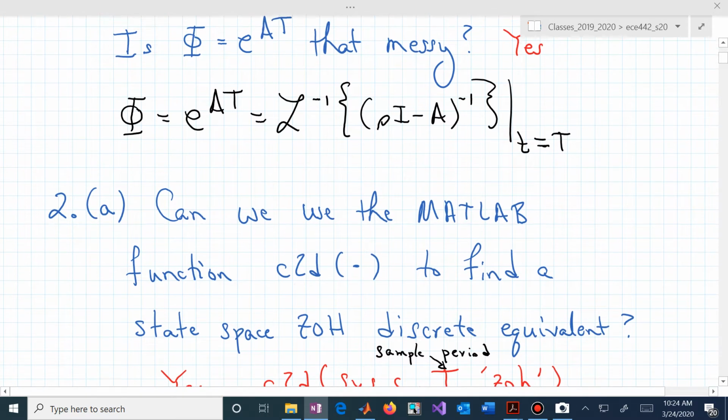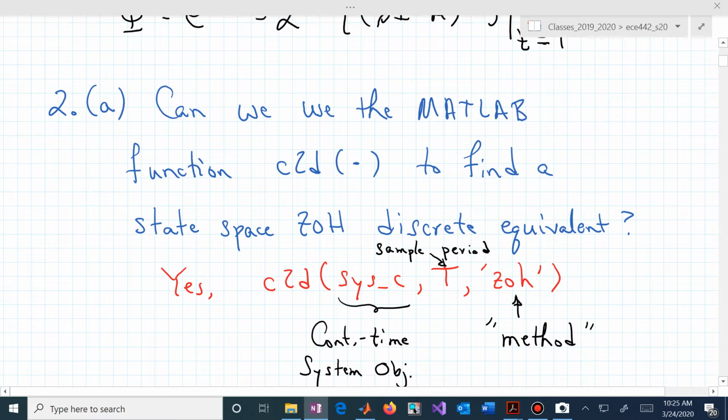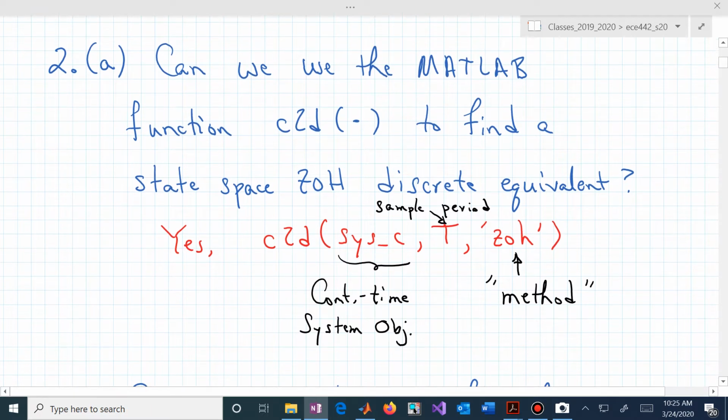The second question, which has a few parts: can we use MATLAB to actually find that state space zero order hold equivalent? And the answer is yes. C2D can do that. In the first argument of the C2D function, you need to represent the system as a continuous time state space representation, which here I'm calling sys_c.